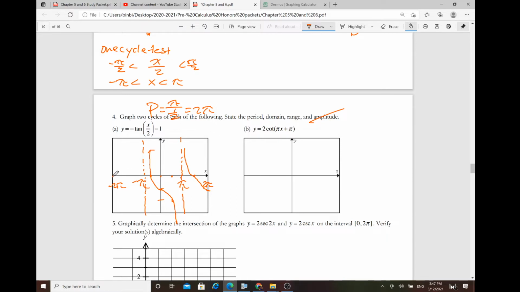Okay, so from 2 pi, that would be the other half. Okay, going this way, like that. This one should be strictly decreasing, so let me just fix that. Okay, so due to the reflection.